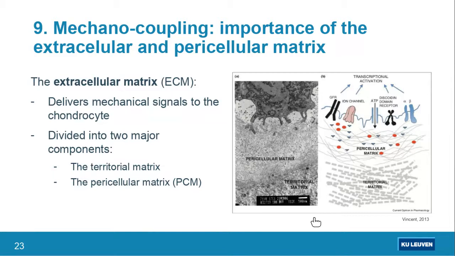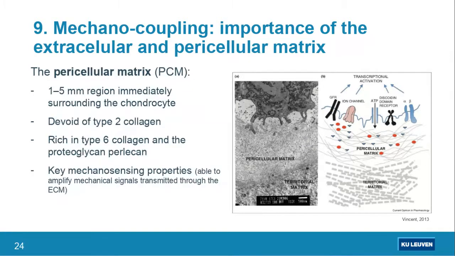And to understand how this happens, you need to know that this extracellular matrix is divided into two major components. So one is the territorial matrix, which is this part of the matrix that is far away from the chondrocytes. And then we have the pericellular matrix that you can see here in this picture. So the pericellular matrix is a region of around 1 to 5 millimeters that is immediately surrounding the chondrocyte.